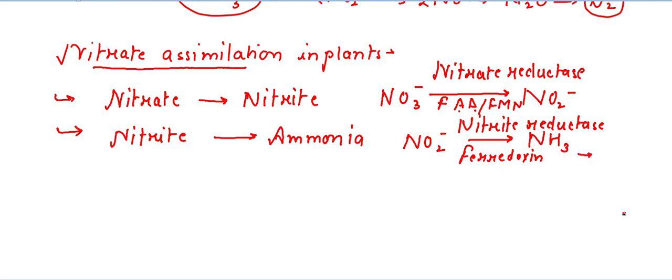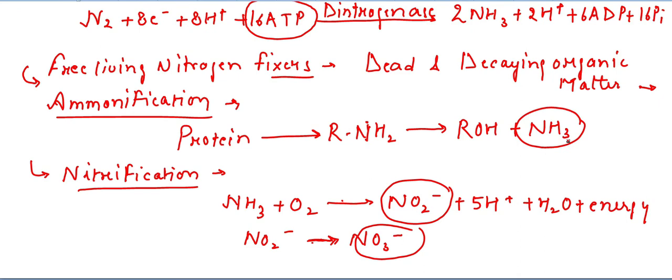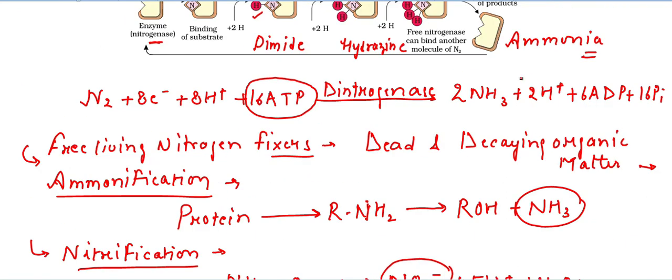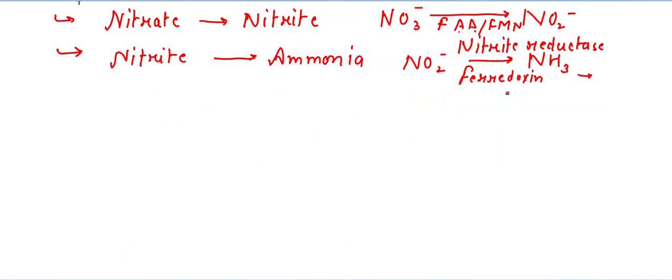Now this ammonia which is being formed here, or which you have seen also in the nitrogen fixation, how is it used? It is used in the synthesis of amino acids.